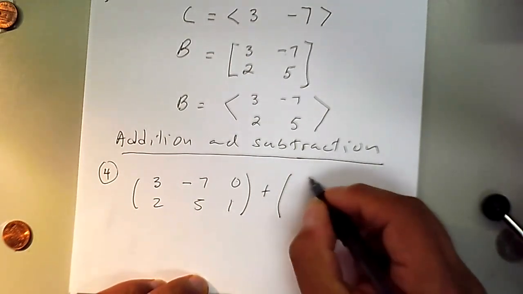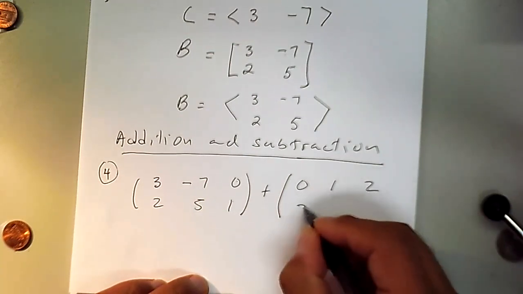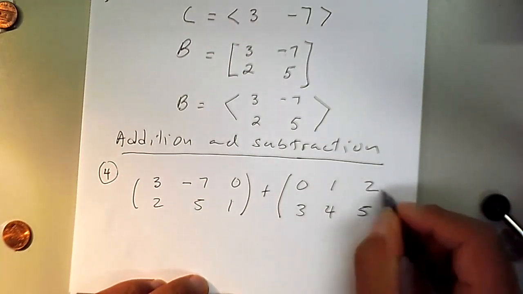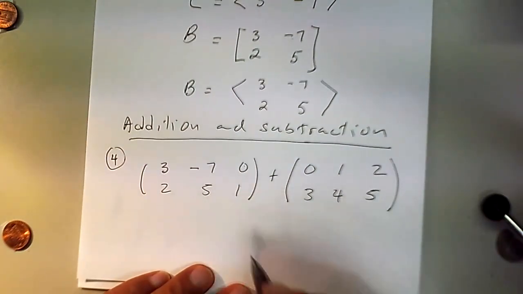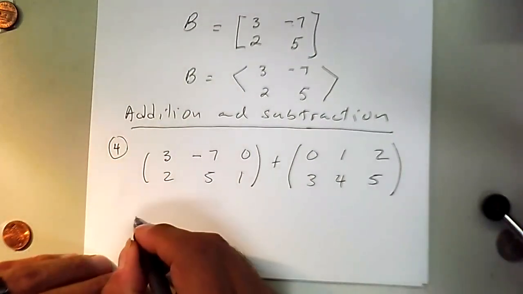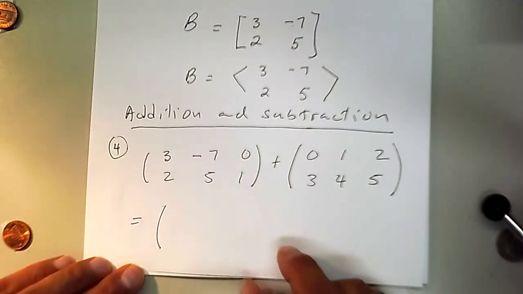So let's put some random numbers such as 0, 1, 2, 3, 4, 5. I guess they're not so random. But if we wanted to add those two matrices, the addition is pretty straightforward. Just add corresponding components.